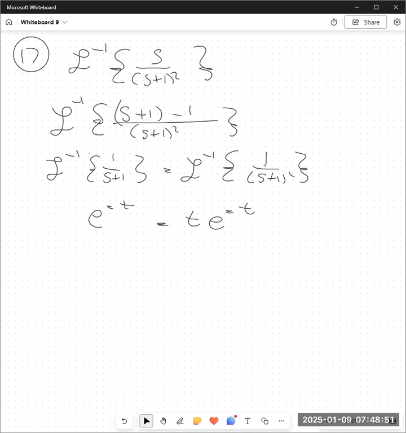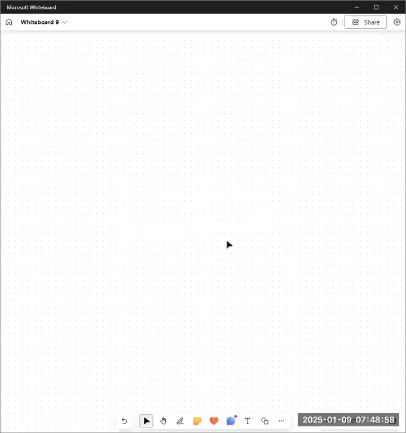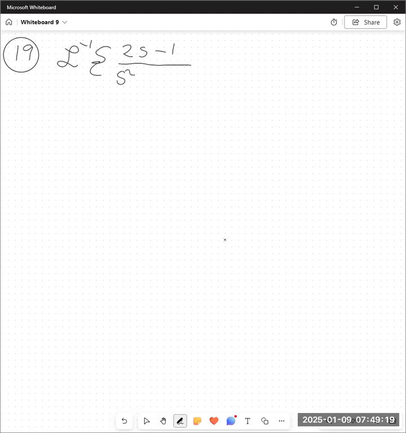I'm going to do number 19, and I'm going to use technology behind the scenes and I'm going to show you where I did so. It's a bit of a bear of a partial fraction decomposition problem. So inverse Laplace transform of 2s minus 1 over s squared times s plus 1 cubed.